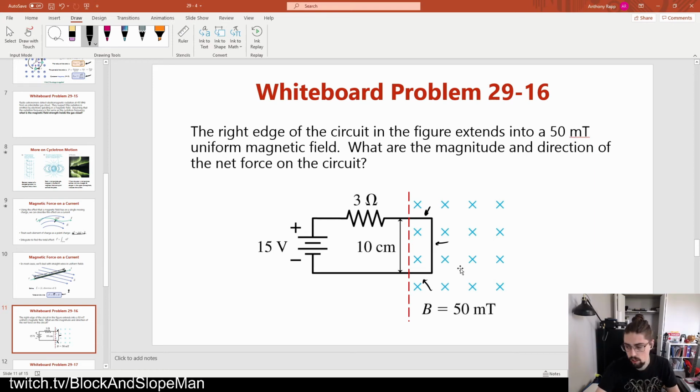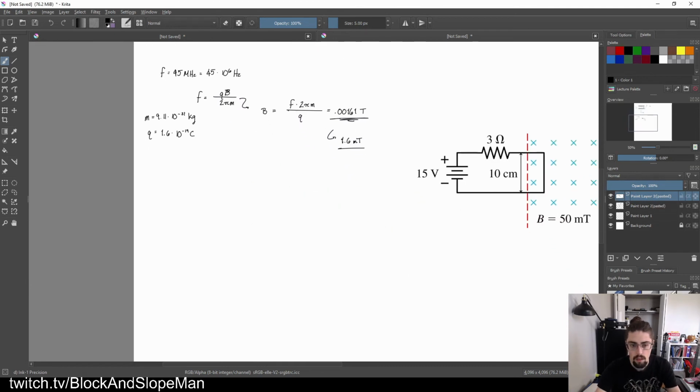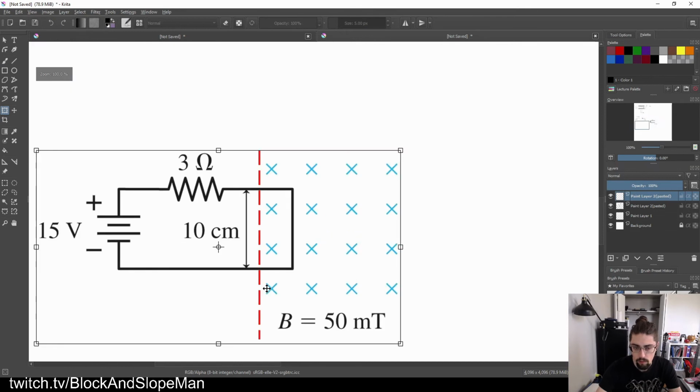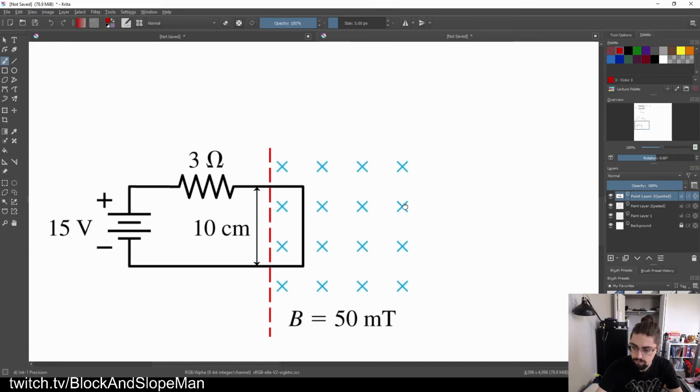Okay, let's start taking a look here. So, first things first, I want to find each direction. Let's think about what's going on with each piece of the wire. And I'll do this in red. So, right-hand rule, before I can get into that though, I need to know what direction the current's actually moving, right?